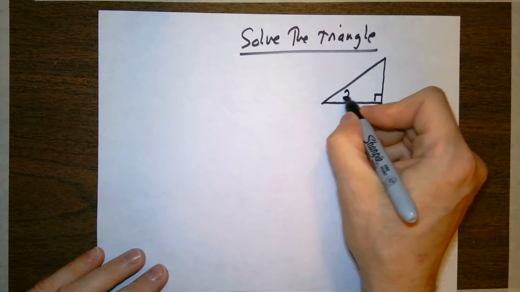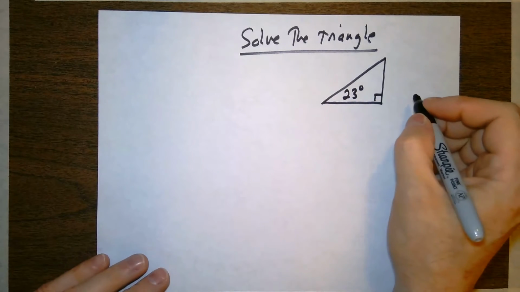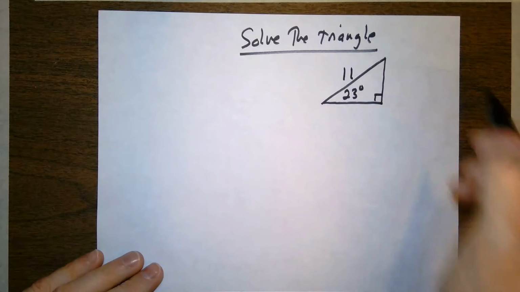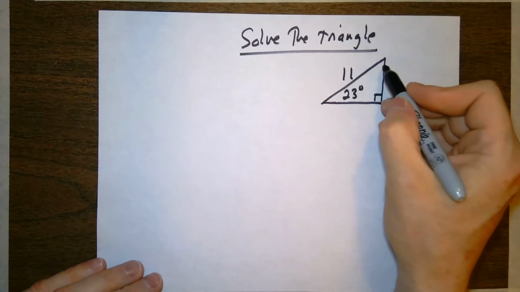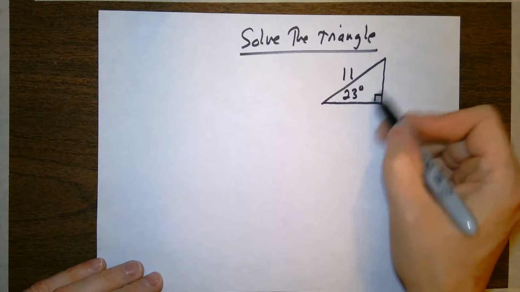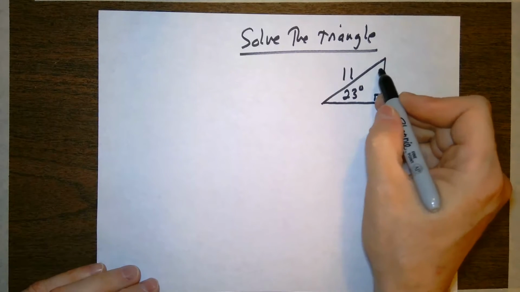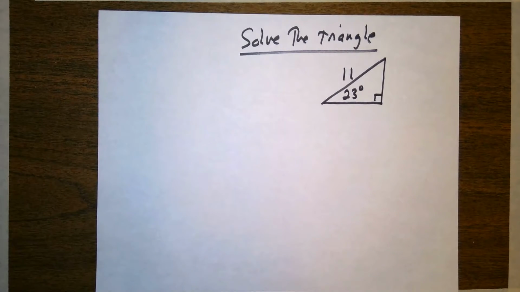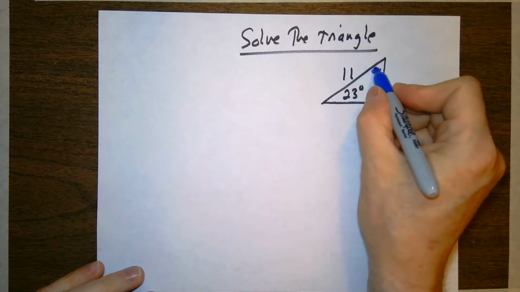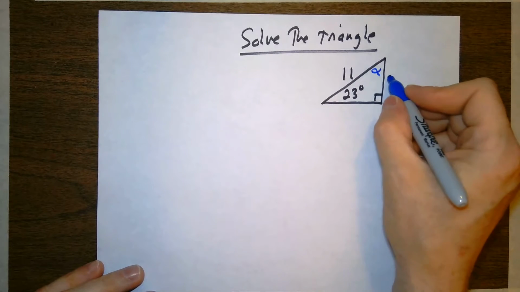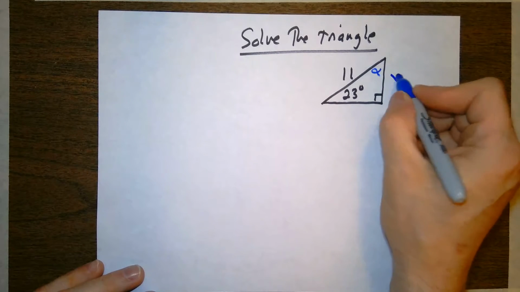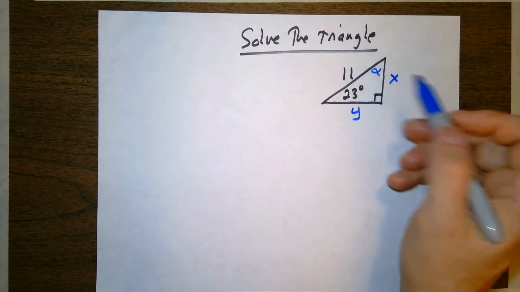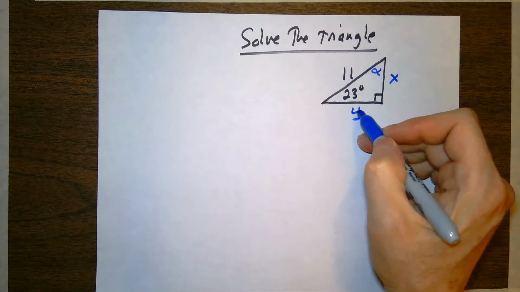We're going to say that this is 23 degrees, and I'm going to say that this side is 11. So I can see that I've got a missing angle and two missing sides. The missing angle, I'm going to call alpha. And I'm going to call the missing sides x and y. So we're going to find the missing angle alpha, the missing side x, and the missing side y.